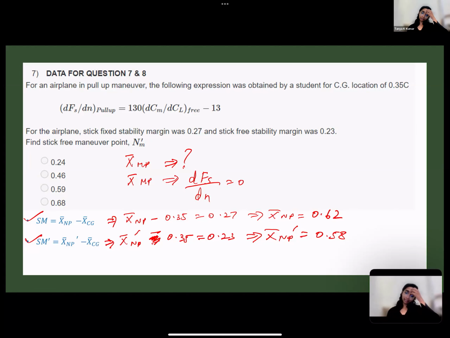I think last week we derived the equation for Fs. Prior to that, we did not have any stick force component, but we were still finding the maneuver point. How were we doing that? In week 6 we derived the equation for stick force, but even before that we were finding the stick fixed maneuver point.